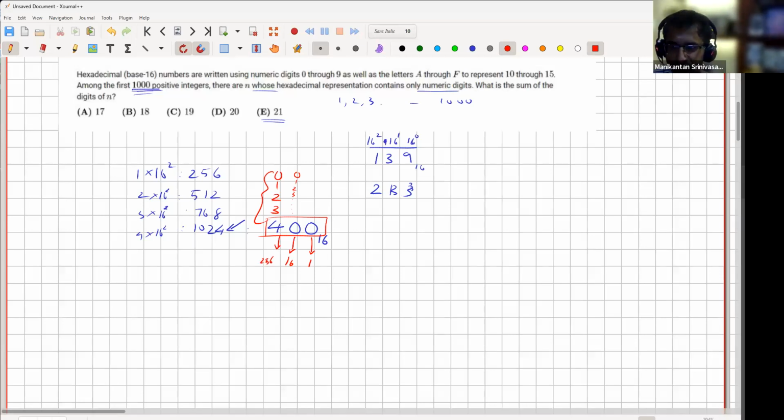As long as the 256th digit is either 0, 1, 2, or 3, then the 16th digit can be anything from 0 to 9, A, B, C, D, E, F, for it to be numerically less than 400 or the 1024. Likewise, the last digit can also be all the way till F.